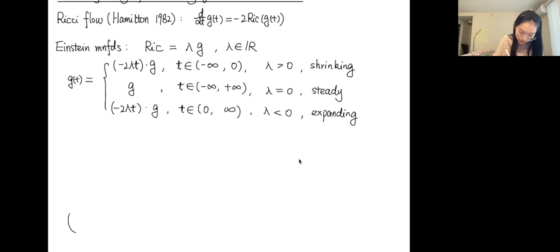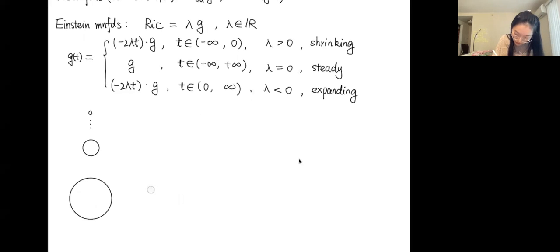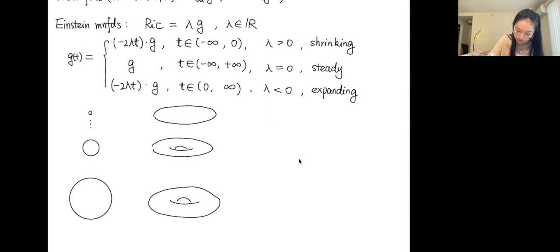So when lambda is greater than 0, the example is that the flow shrinks a round sphere to a singular point as time goes to 0. And if you start the flow from a static torus, then the flow stays invariant.